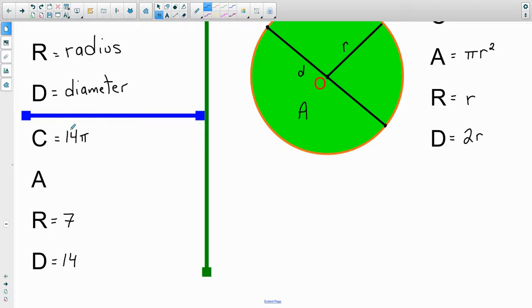I'm just going to leave it like that, 14 pi. And our area is pi r squared, so I'm going to square my radius and get 49, and then multiply that by pi. That's kind of old school, middle school math: given the radius, find the diameter, the area and the circumference.